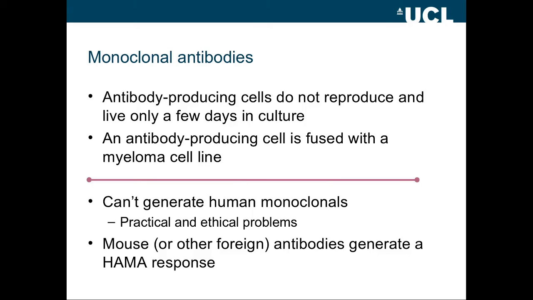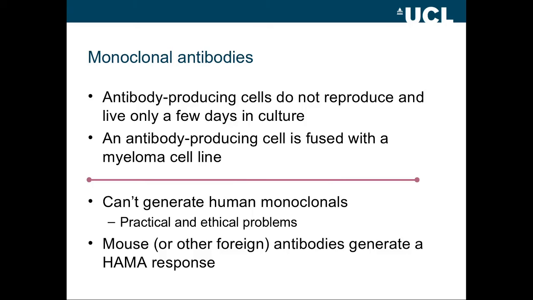So there are some routes now to produce antibodies directly from humans. And there are other techniques, such as using transgenic mice to produce antibodies from humans. But still, a more conventional route is used very widely, and that is to produce what's known as humanized antibodies.